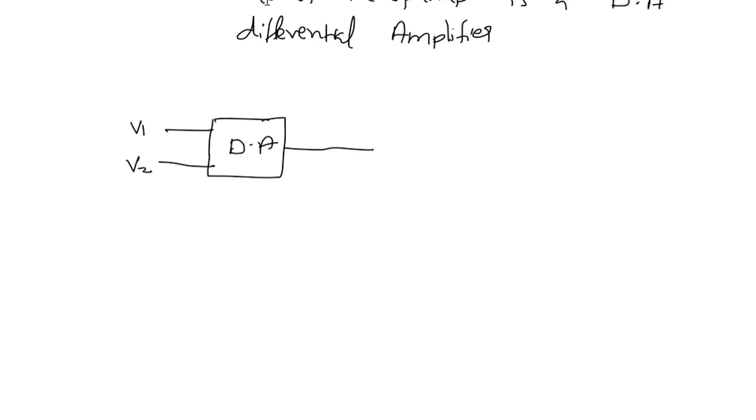Then the output will be some gain times the input. And for a differential amplifier, the output will be gain times V1 minus V2. So here A represents the gain of the amplifier. So what is the output? The output is the difference between the input voltages multiplied by a gain.